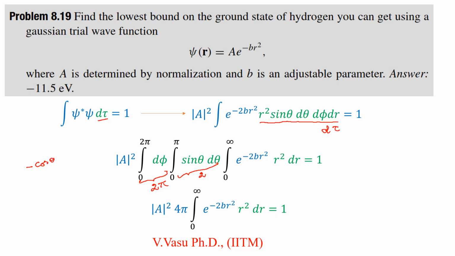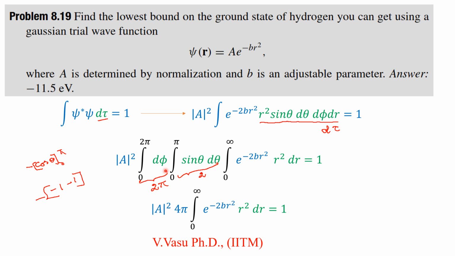Then if you apply the upper limit, cos π is −1, and cos 0 is 1. So the bracket gives −(−1 − 1) = −(−2). Already there is a minus outside, so this will become plus 2.